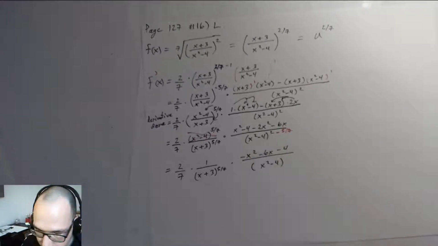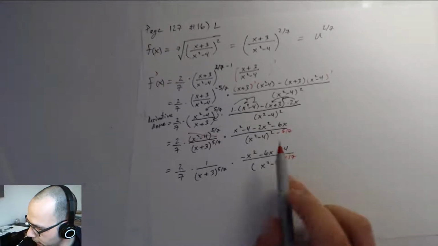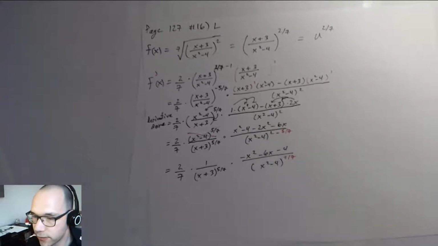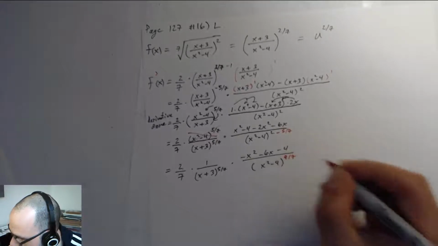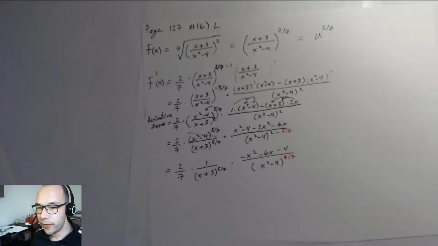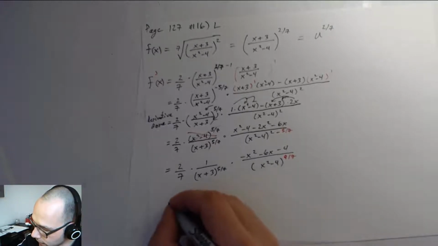Now it's going to be 2 minus 5 over 7, so it's going to be 9 over 7, because 2 is 14 over 7, minus 5, it's going to be 9 over 7. The power of 9 over 7, and so you can bring all of that to the same fraction.